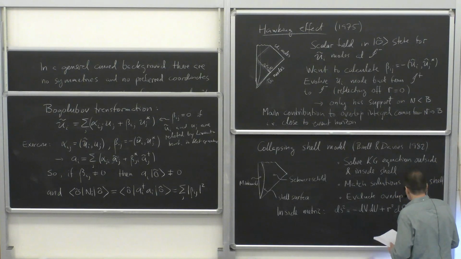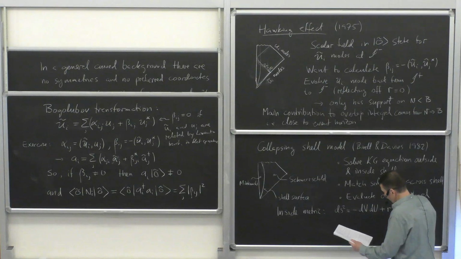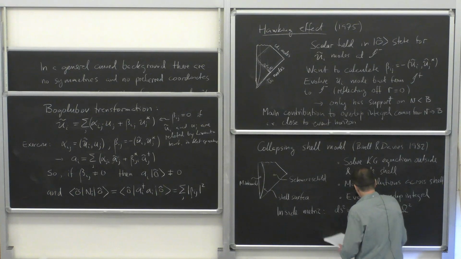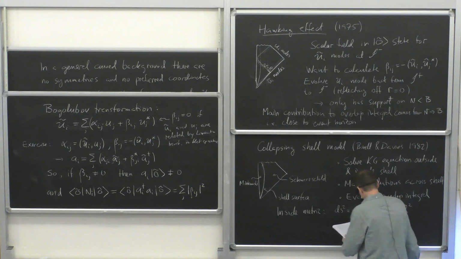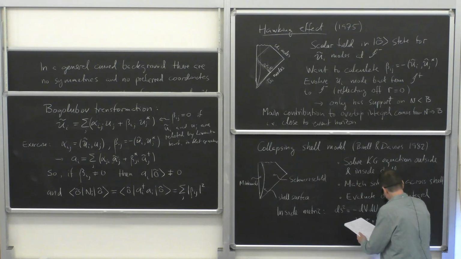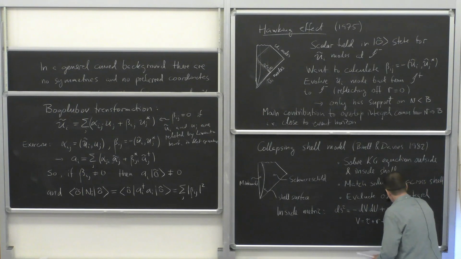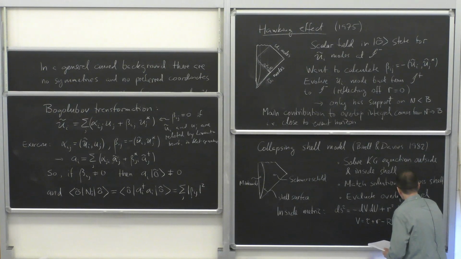And I'm going to adjust my coordinates in the following way. The capital V here is a time coordinate on the inside plus a radial coordinate r, which I'm going to choose as the thing that determines the area. This is basically a coordinate choice, but I'm going to choose it so that the origin of coordinates is sitting on the shell surface. This I'm allowed to do.